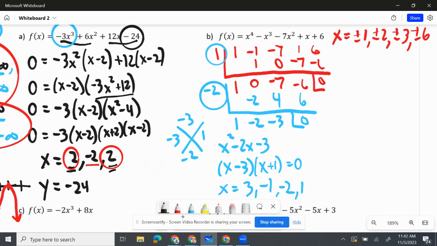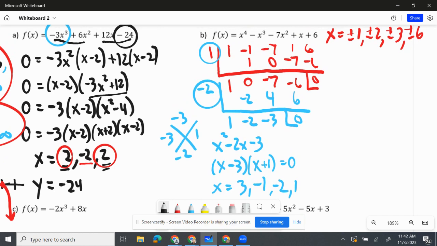Now, next thing I'm going to do is look for my y-intercept. My y-intercept is always the constant value. So my y is equal to 6. And now I'm going to look at my end behavior as x approaches negative infinity, as x approaches infinity.